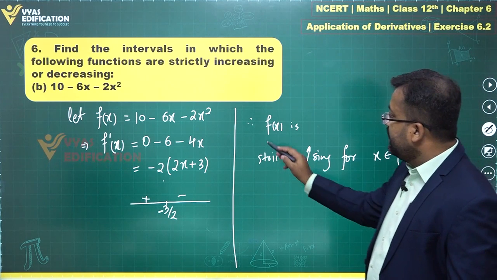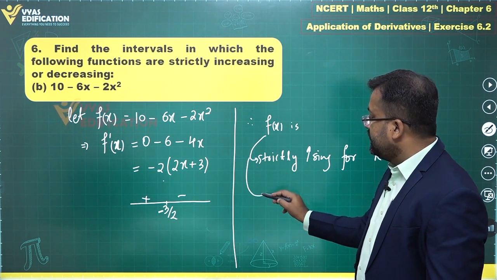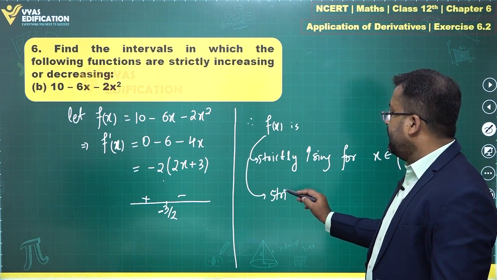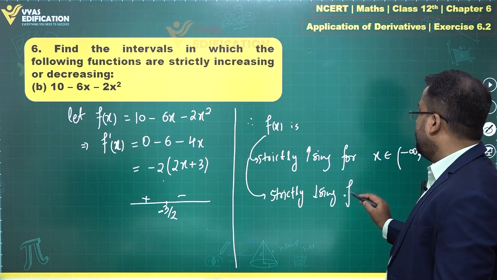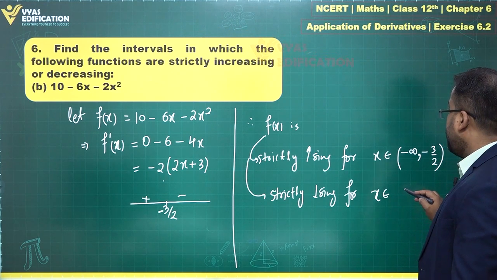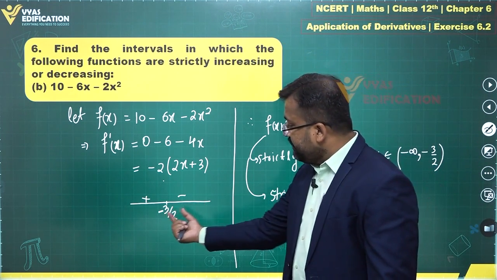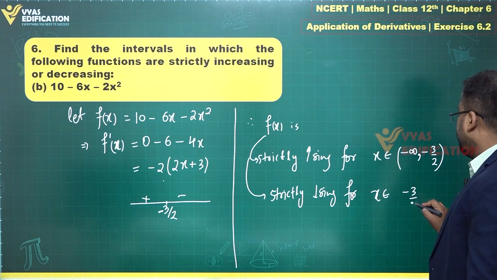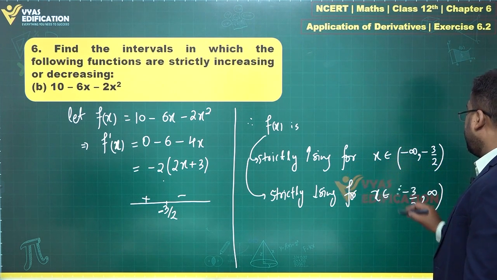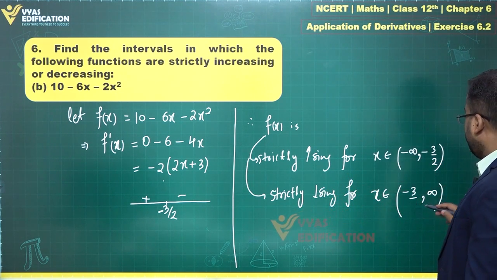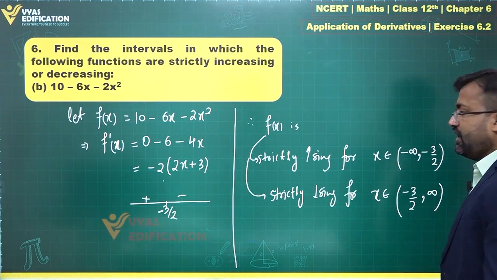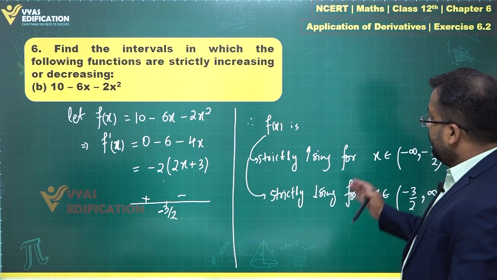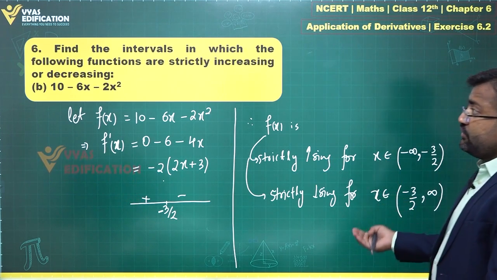This is what you can note. f(x) is strictly decreasing for x belongs to (-3/2, infinity). That's what you can say. This is the final answer for this question.